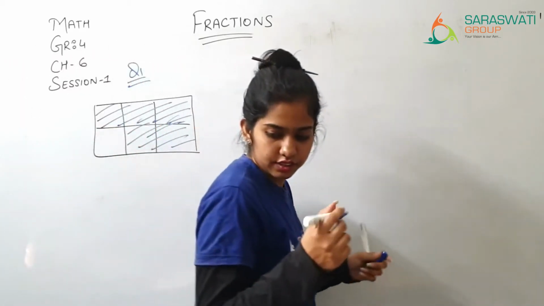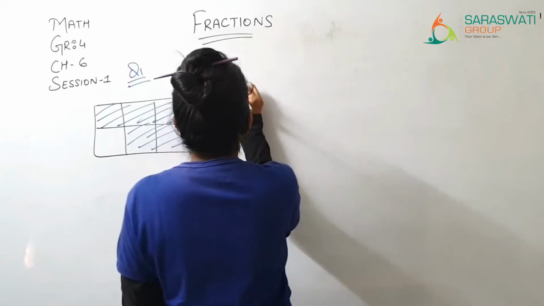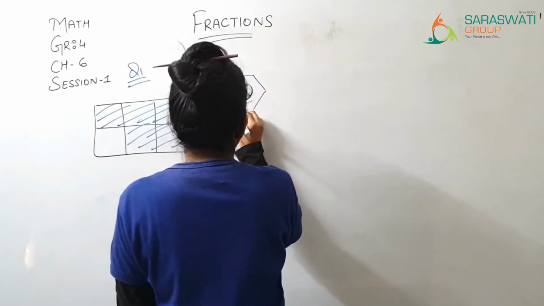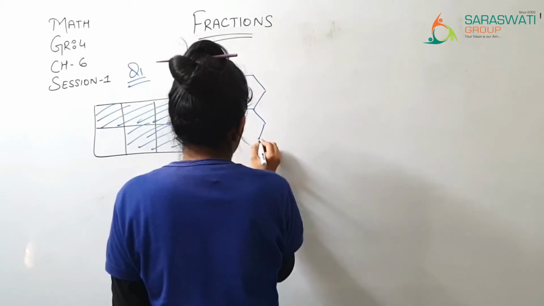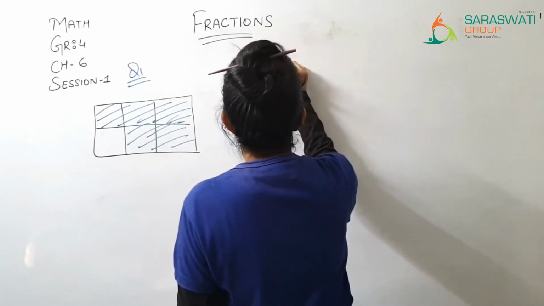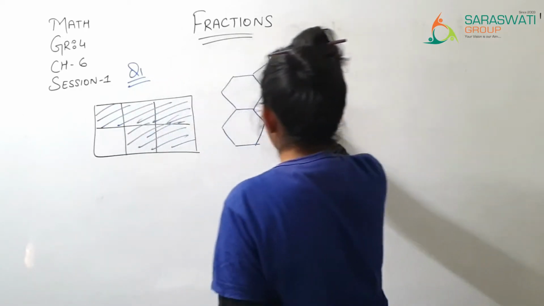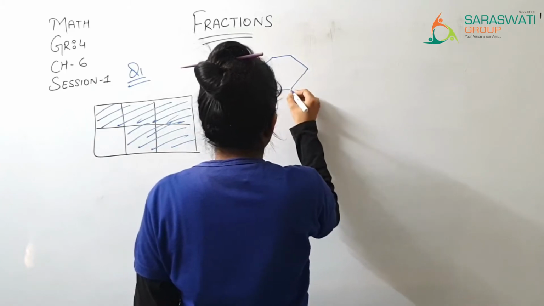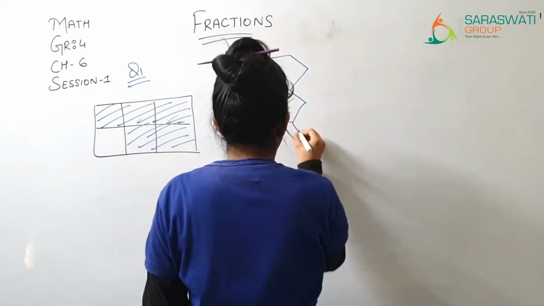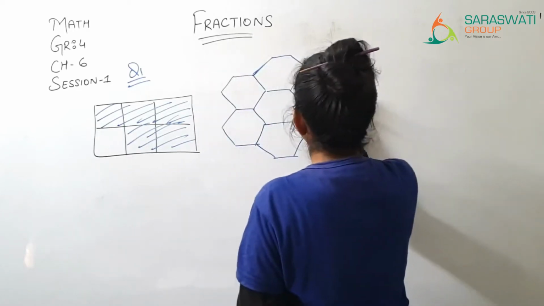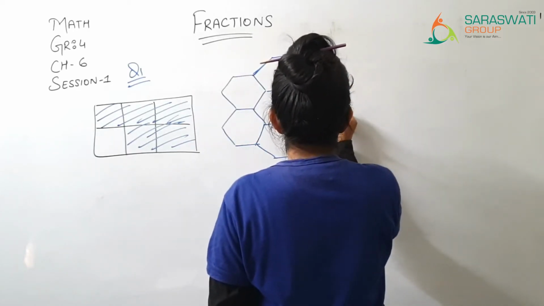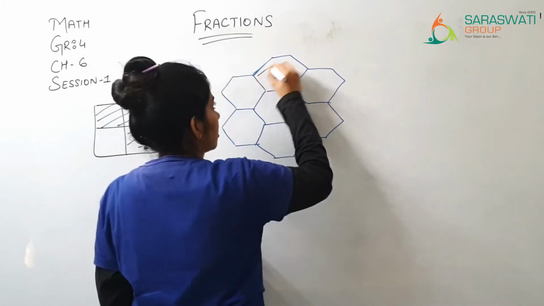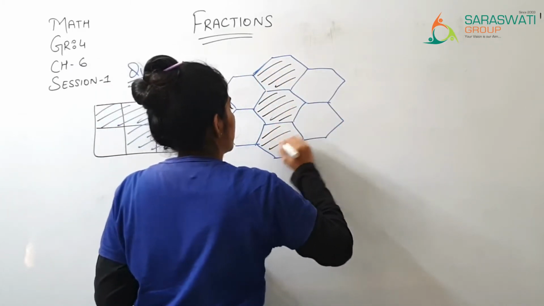Then afterwards, you can see over here I have drawn something and this part is shaded.